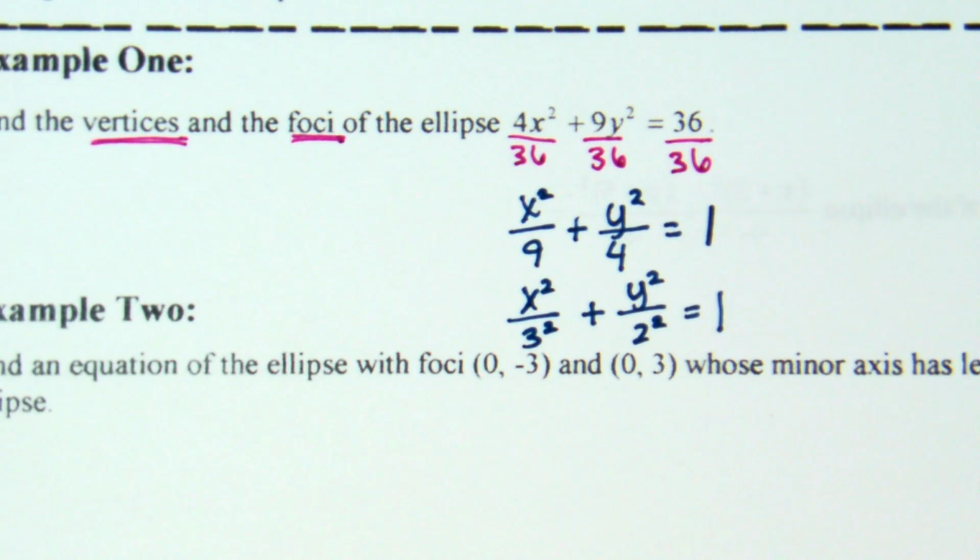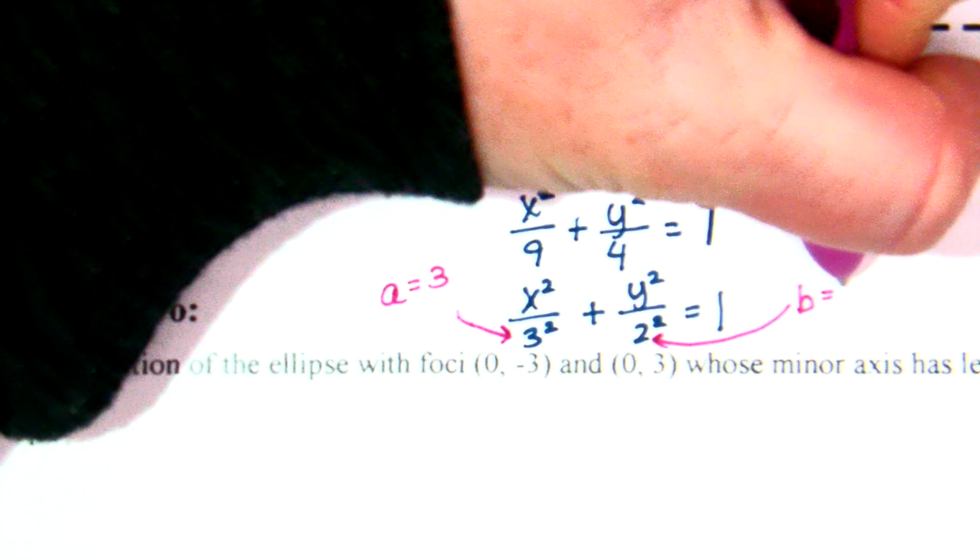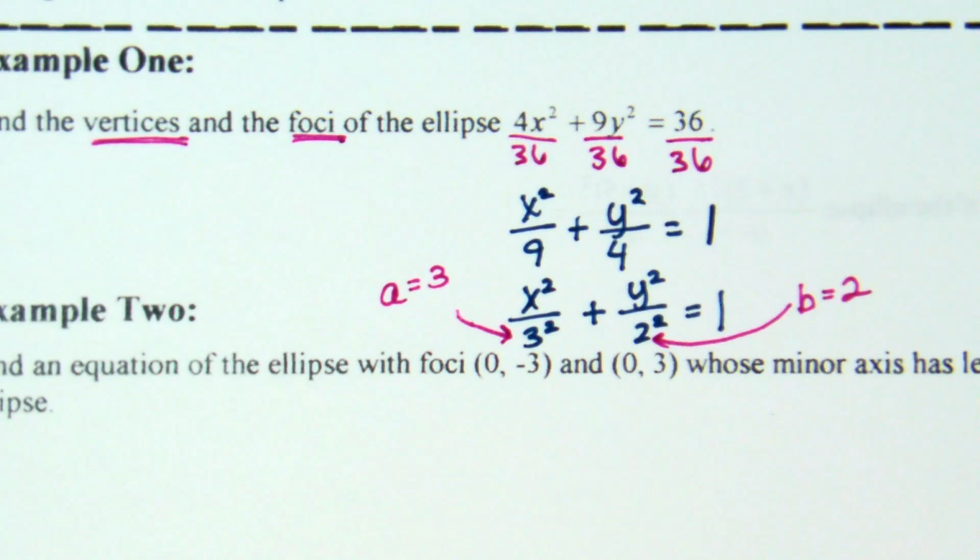A is always bigger than B. So in this case, if one of my values is 3 and one of my values is 2, the bigger one has to be A, and so that tells me that A is 3. And in this case, B is 2. What do you mean? They cannot be the same number. If they are both the same number, it's no longer an ellipse, it's a circle.